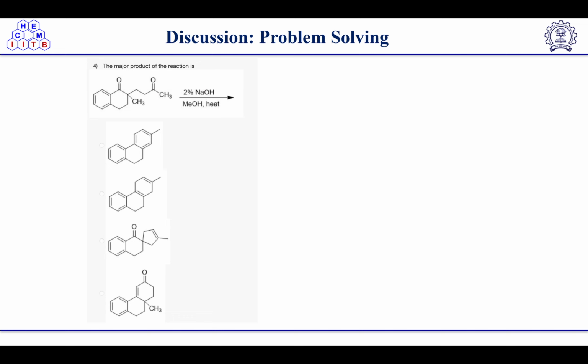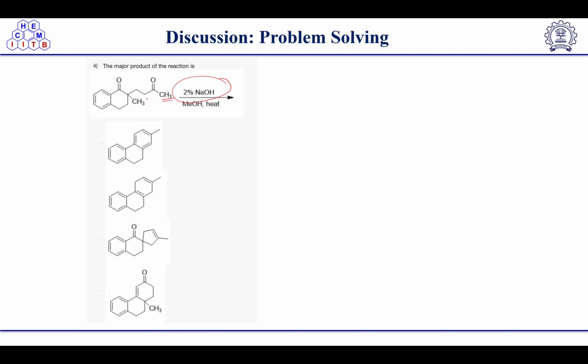The major product of the reaction is, here again we have sodium hydroxide. On the arrow you have to check first of all. Basic condition, correct? Basic condition means the reaction will go via base catalyzed mechanism. So here base is there, that means it will abstract the proton. So which proton is more acidic? Now here this is a quaternary center, so we don't have any proton here, right?